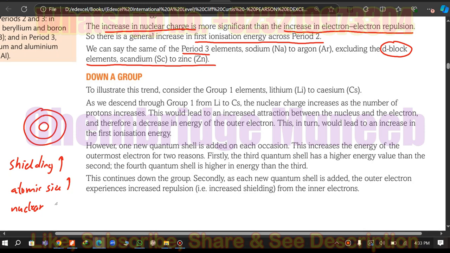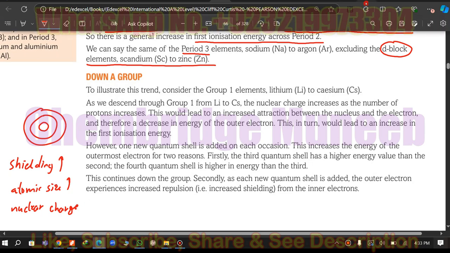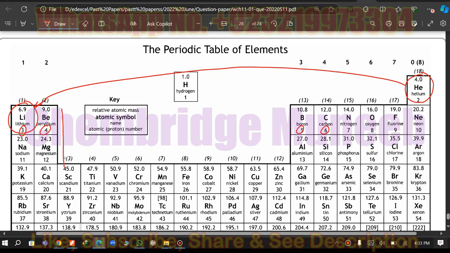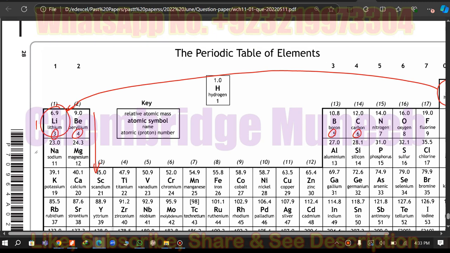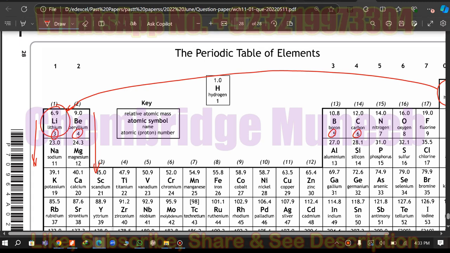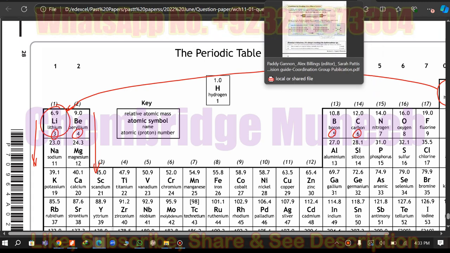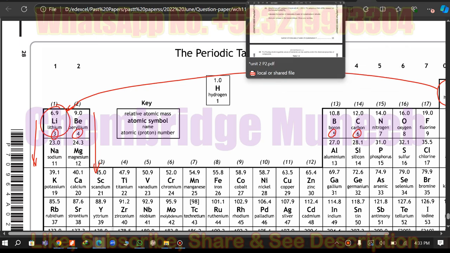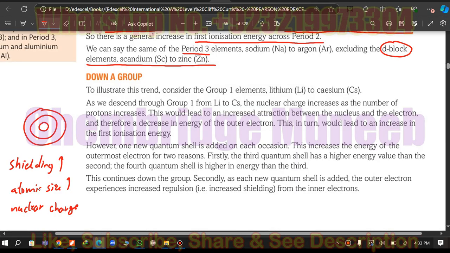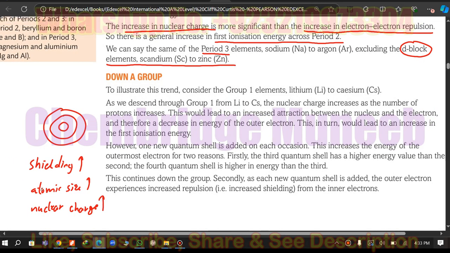Does it increase or decrease? Down the group, it increases. Yes, it increases. Good. So basically all these factors increase while moving down the group.